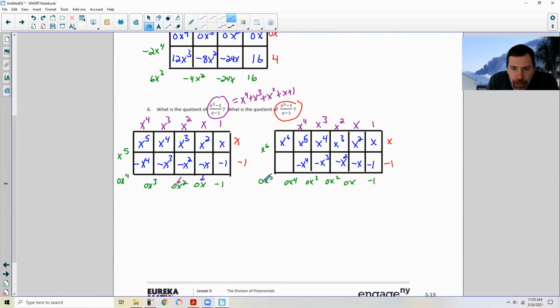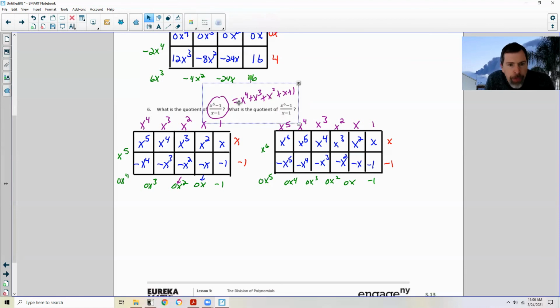Okay. So since this is x to the fifth and I want 0x to the fifth from this sum of the diagonals, this has to be a -x to the fifth. And then x to the sixth is equal here. X times x to the fifth up here will give me this x to the sixth. So I now finish, let me erase this and this.